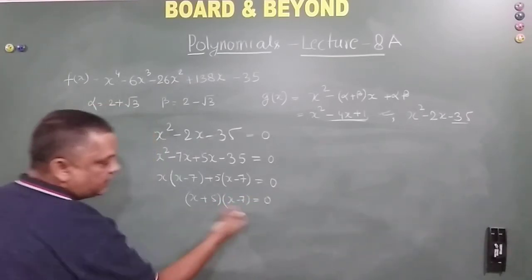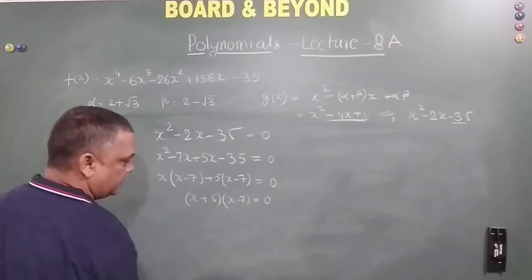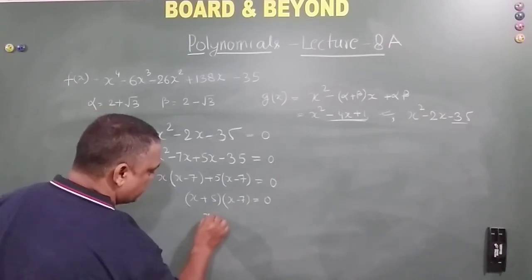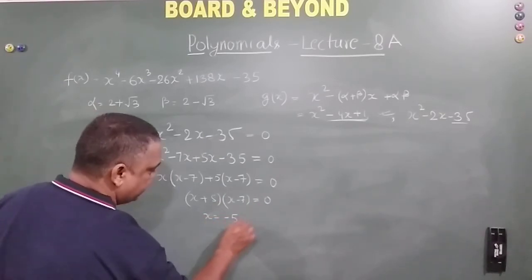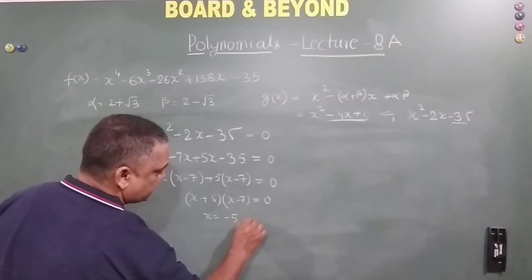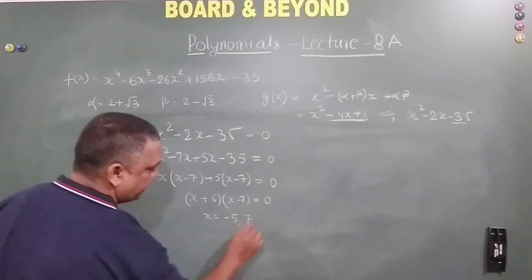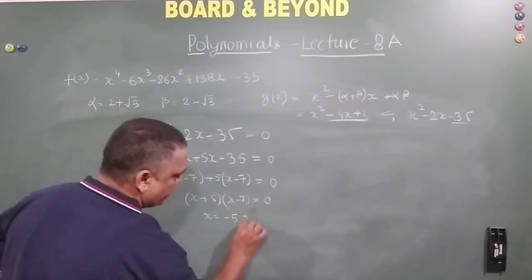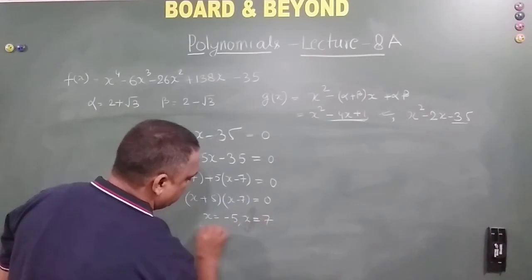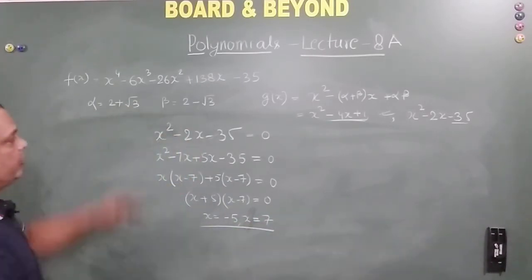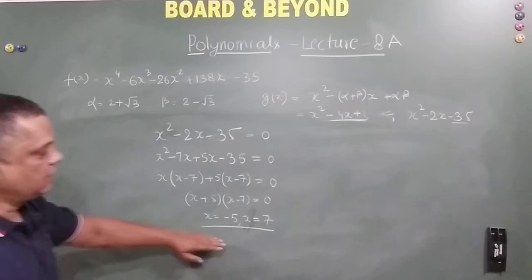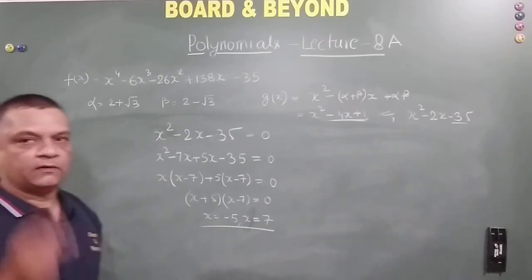Equating these two terms one by one to 0, we get x is equal to minus 5 or x is equal to 7. So these are the two roots. Previously there were two roots, now we are ending up with 4 roots.